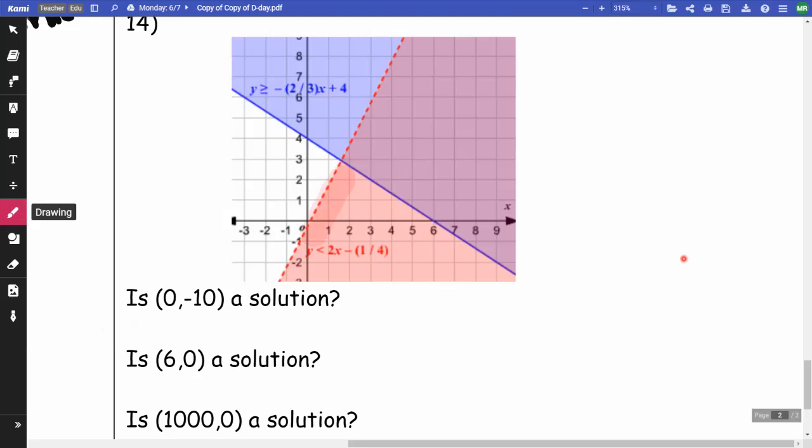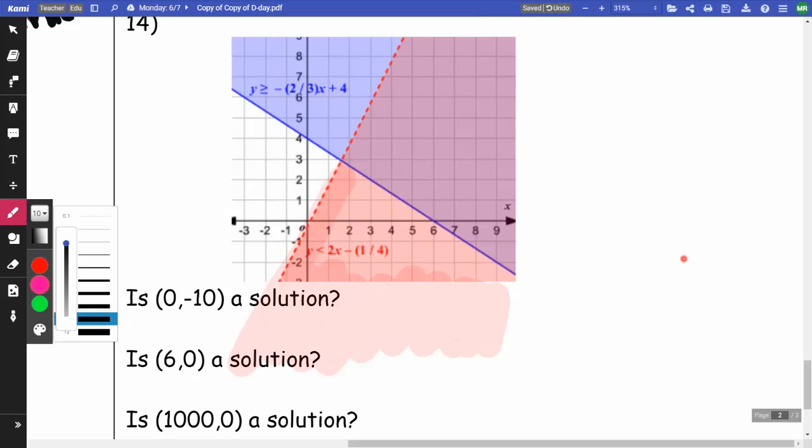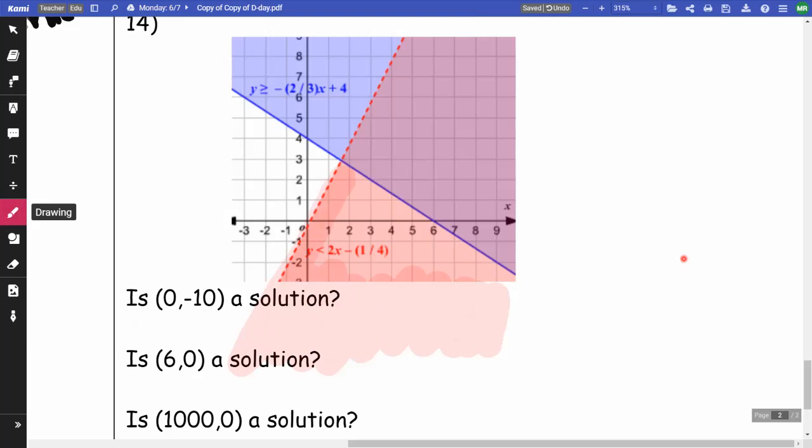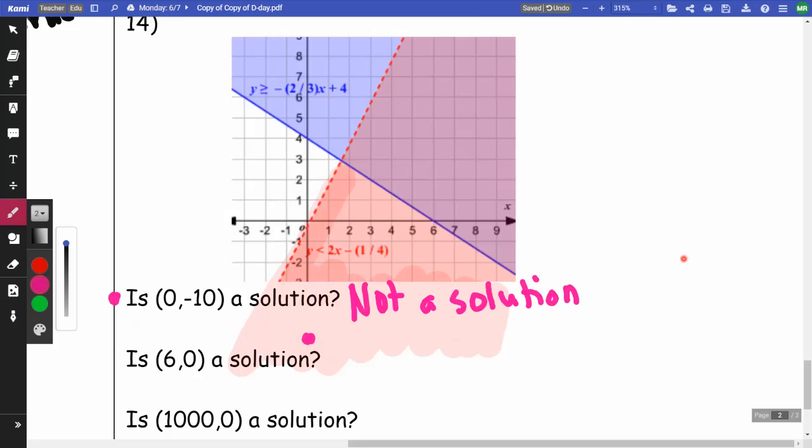So this would have continued down here like this. So let's say this one's this one. (0, -10) is going to be somewhere down here. This is not a solution because it's not where both of them are true. So that's not a solution.